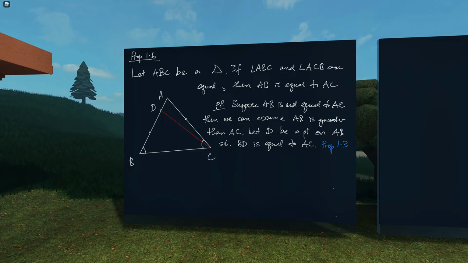And now we're going to use proposition 1.4, which tells us about, in modern language, congruent triangles.